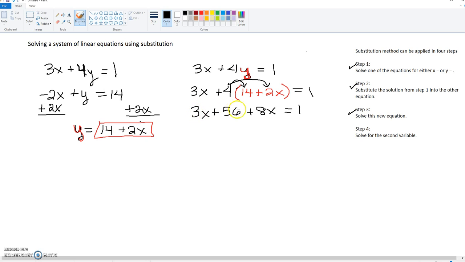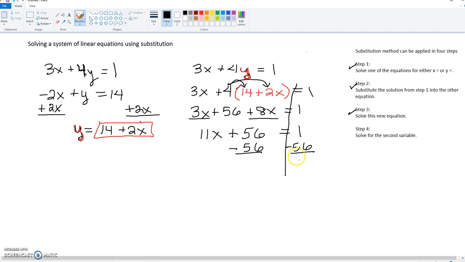So 3 plus 8, because remember these are our like terms. We're going to combine them. It's 11x. For those that like that line down, we can put the line through here. Plus 56 equals 1. Again, we're solving for x, so we're going to subtract 56 on both sides.